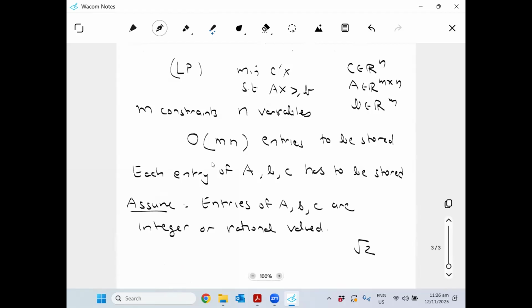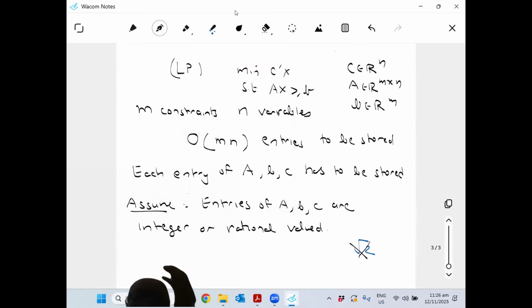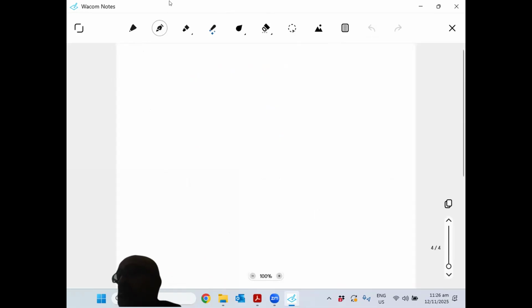So maybe for the LP we just input 1.4142. That's fine. That's a rational number. So let's think about how rational numbers are stored.